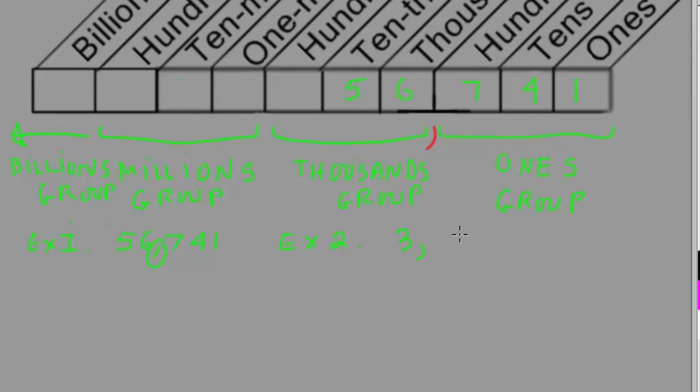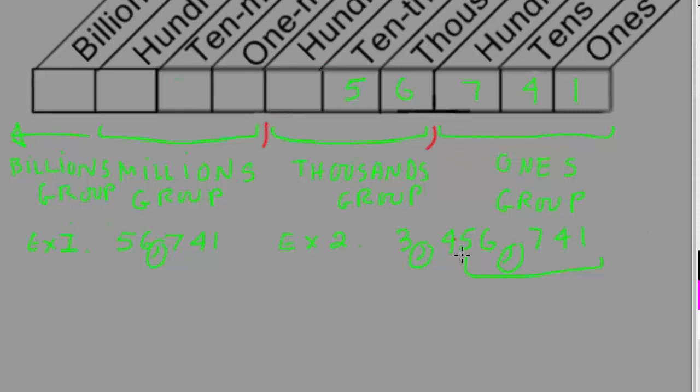And finally, example 3. 2,833,456,741. Now we have 3 commas.